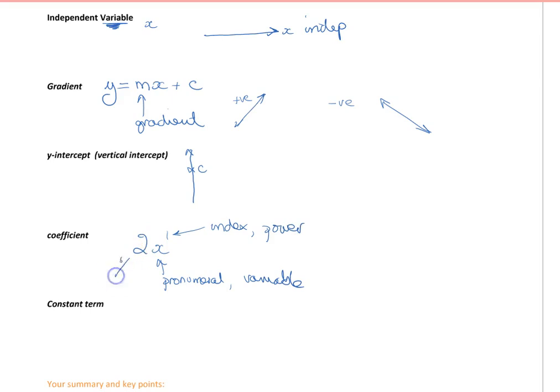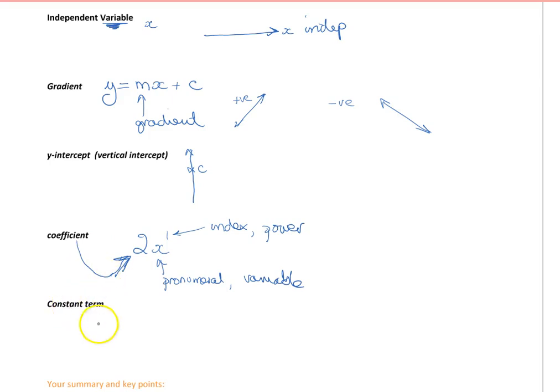This number here at the front is the coefficient. So you'll hear rules that refer to the coefficient, so you need to know what part of the mathematical term it's actually referring to.